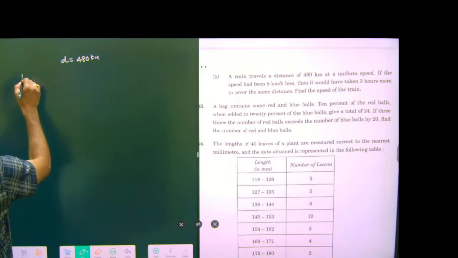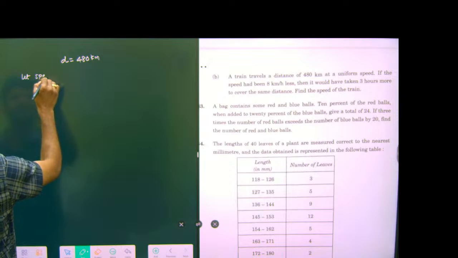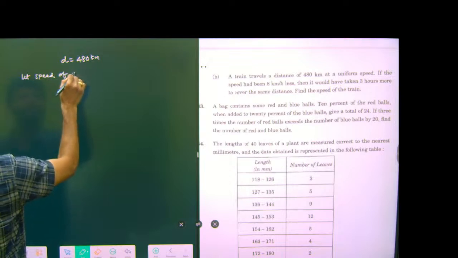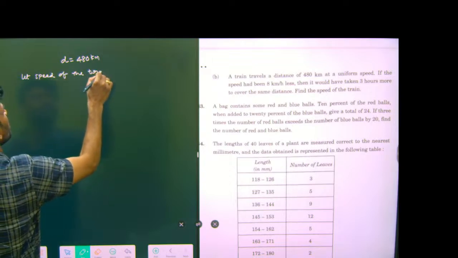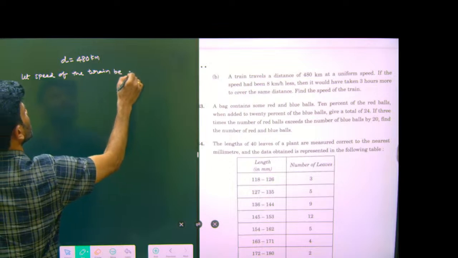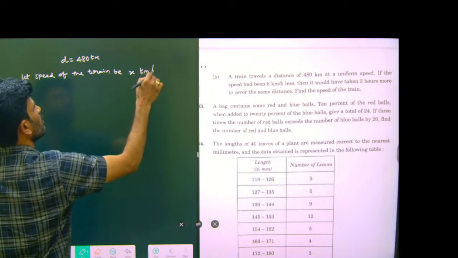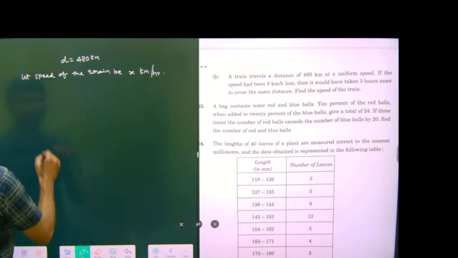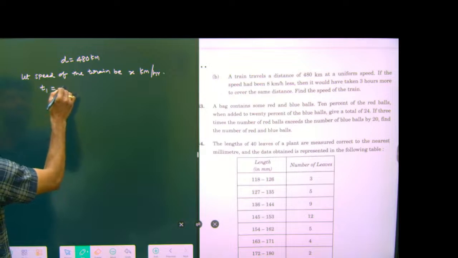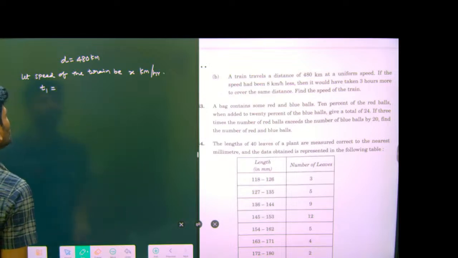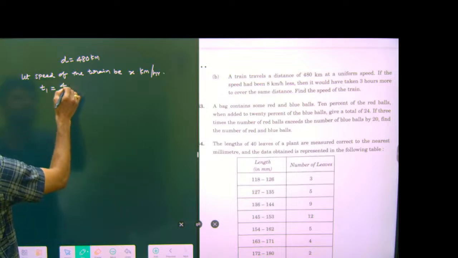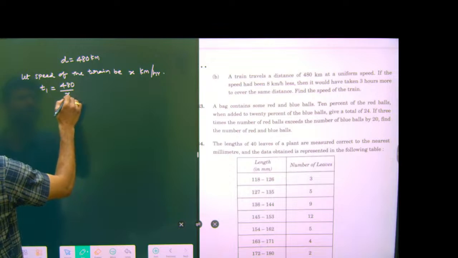Then what we have to do? Let the speed of the train be x kilometers per hour. Then time taken by the train t1 is equal to distance by speed, that's why 480 by x.